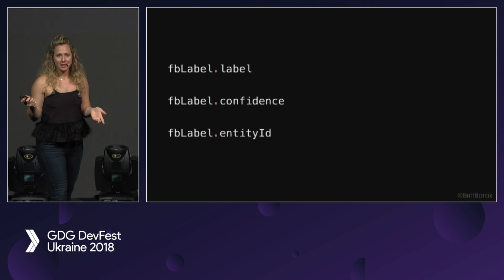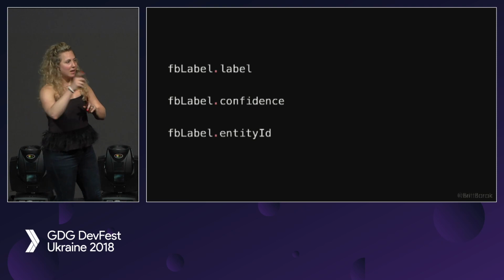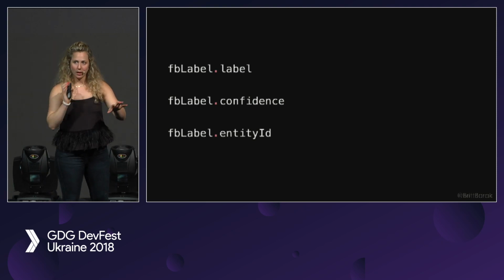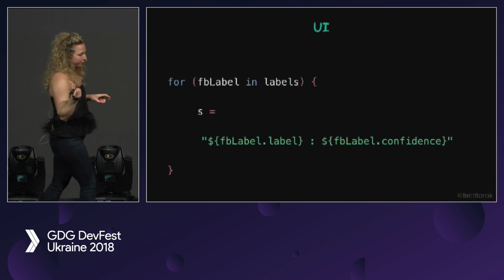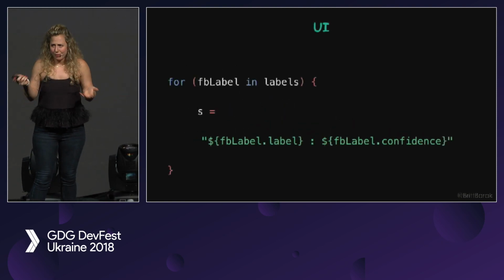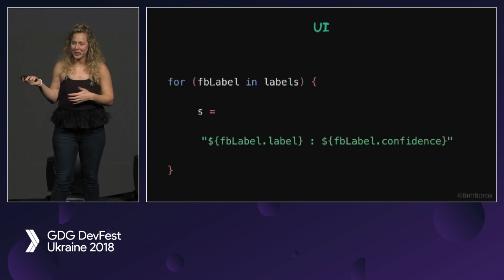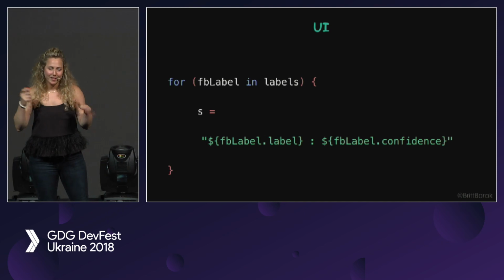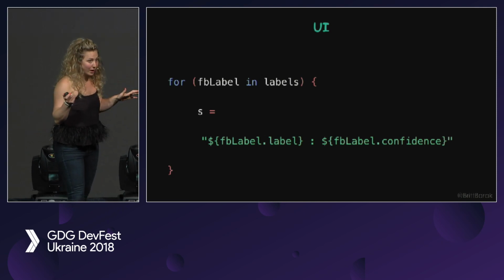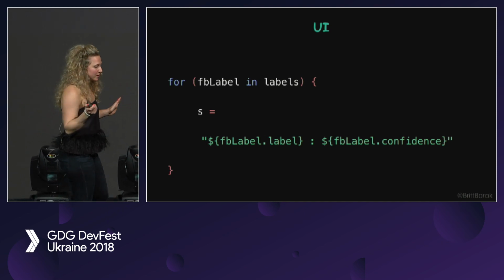And an entity ID, which is the entity ID of the Knowledge Graph API, so we can query for that and get more information. Now we can do whatever we want with this information. For example, construct a string and put it on the UI. Pretty simple. Simple as that.